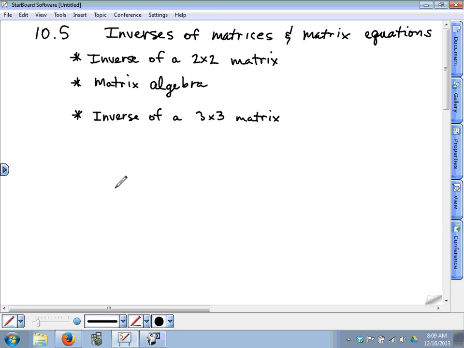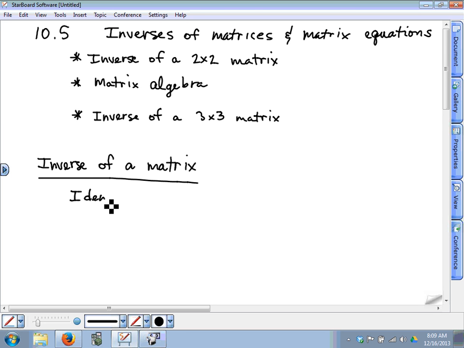Okay, let's start with the inverse. First, we've got to talk about what's called the identity matrix.